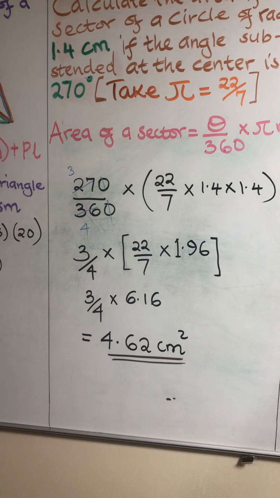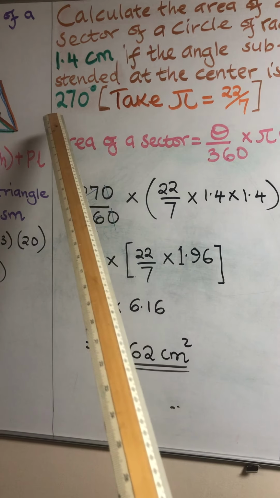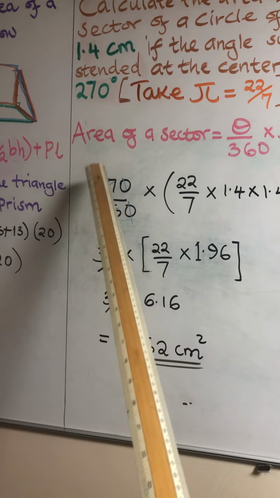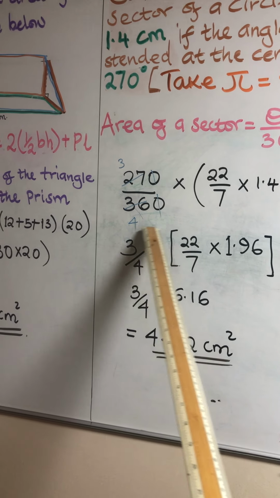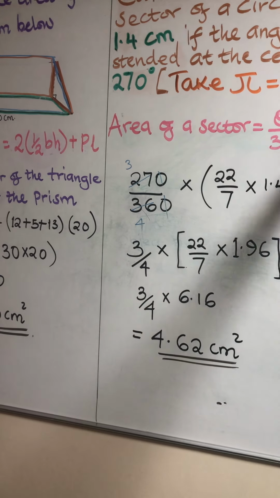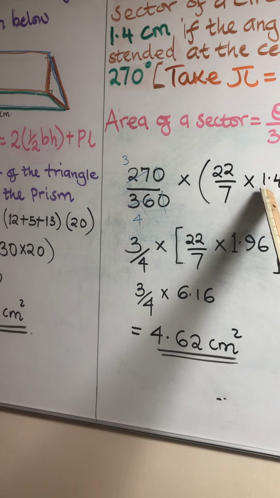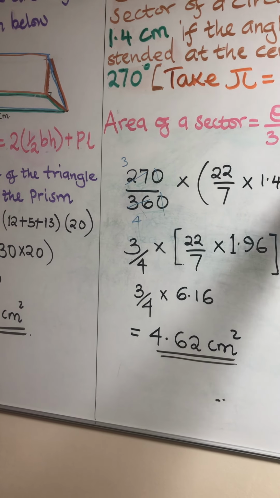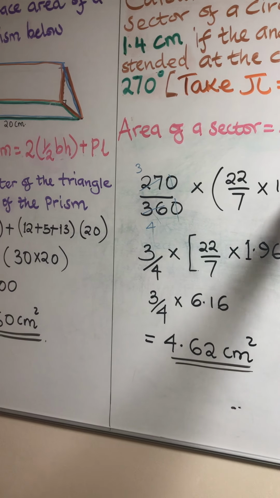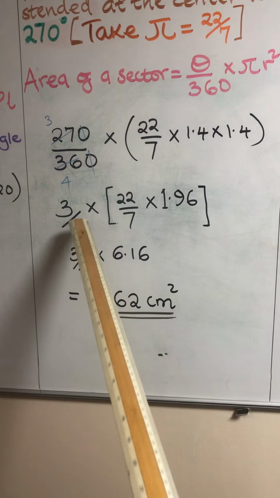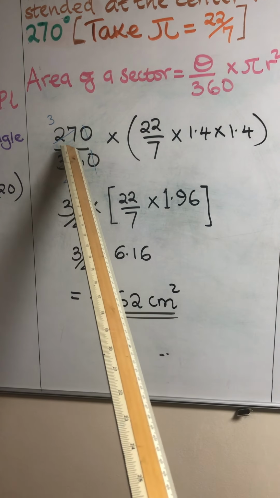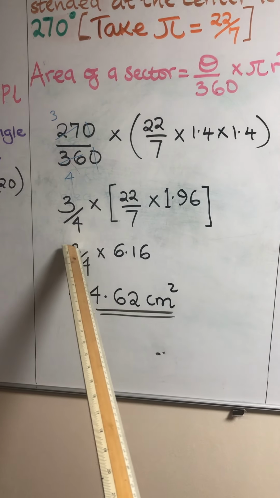So the subtended angle here is 270. So 270 over 360 times the pi times the radius square, which is 1.4 times 1.4. Then when we simplify that, we're going to have 3/4.